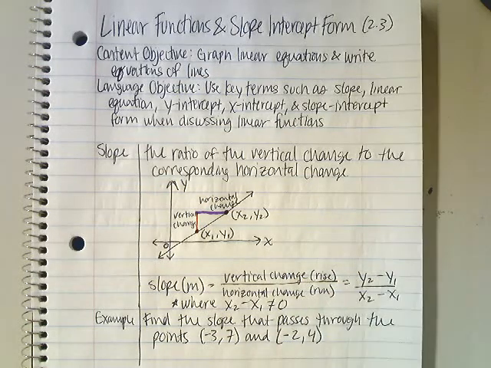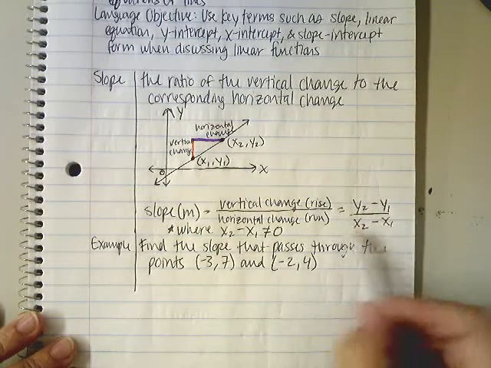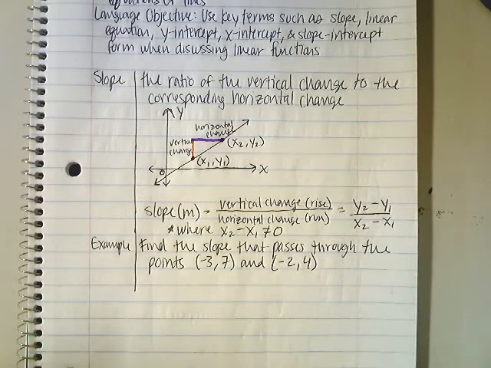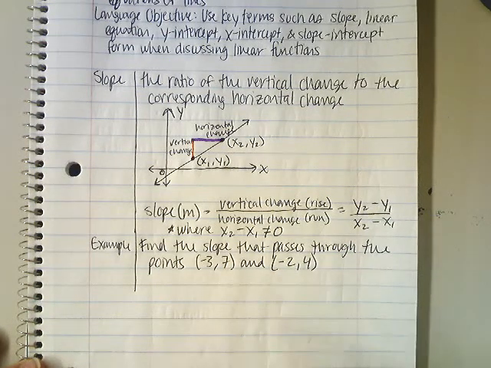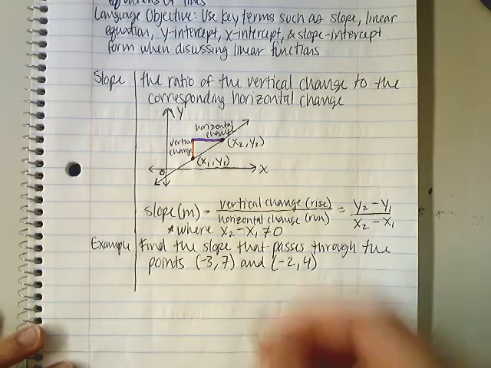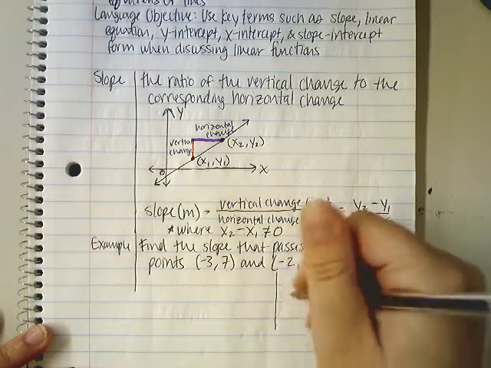So we're going to find the slope that passes through those 2 points. This is my formula for slope if you are looking for a formula, but really I'm hoping you're remembering conceptually it's just the y's subtracted over the x's subtracted. The thing you have to be careful of is that you're consistent in this, so let's just do the example.